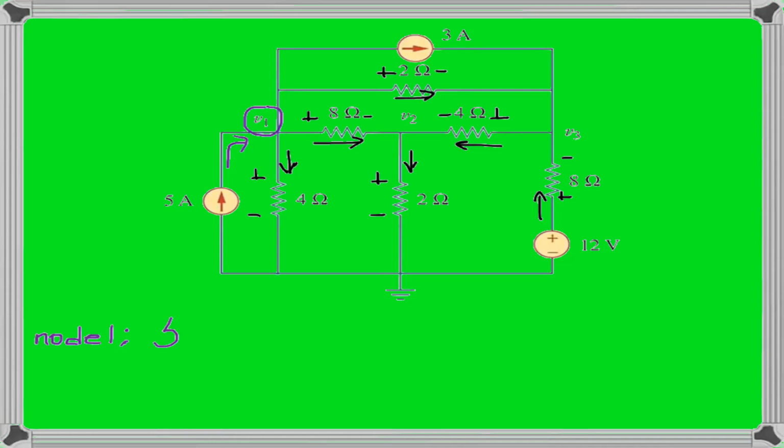So it is positive coming into the node, so we can say plus 5. Then the next current is 3 amps. If you look at node V1, it's actually not just a single point, it's like the whole area indicated. The current 3 amps is going out from the node, so we put minus, and that will be minus 3.